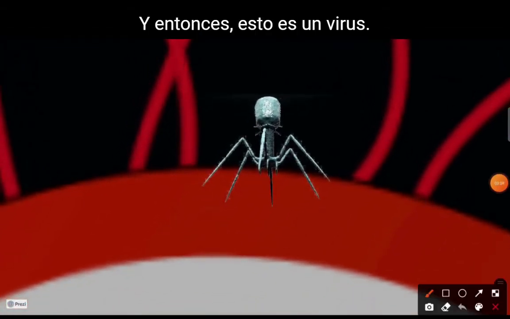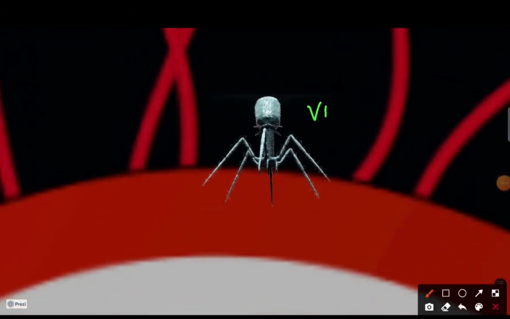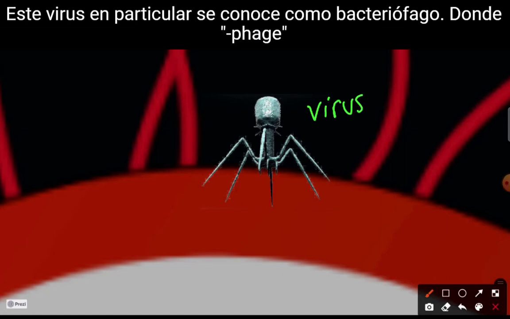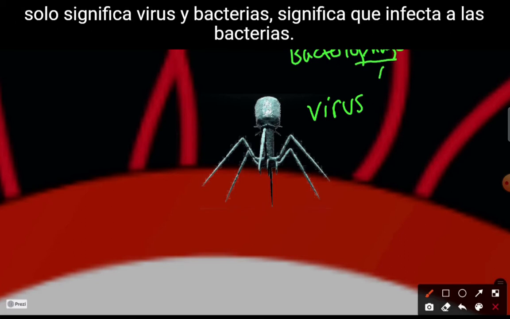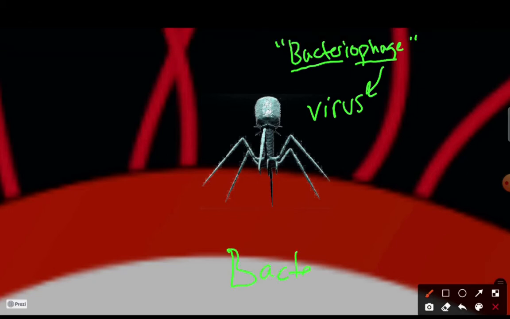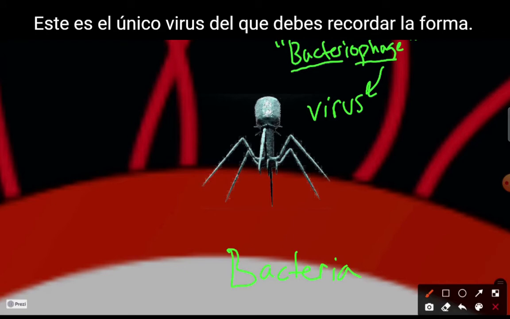And so this is a virus. This particular virus is known as a bacteriophage, where phage just means virus, and bacterio means it infects bacteria. This is the only virus you have to remember the shape of.